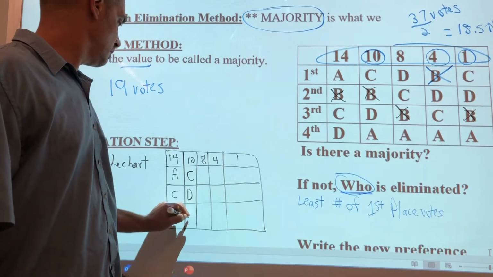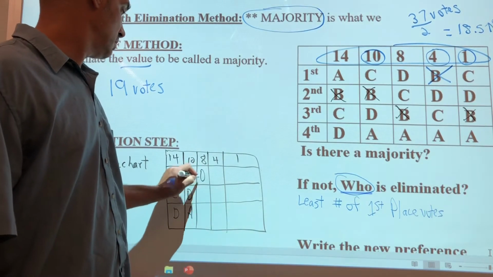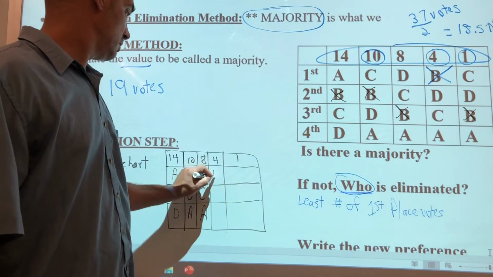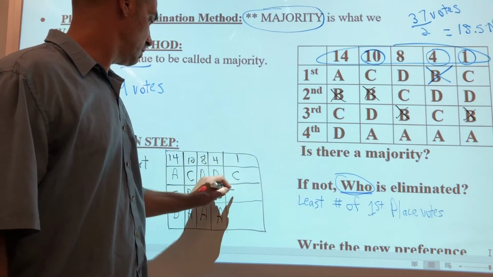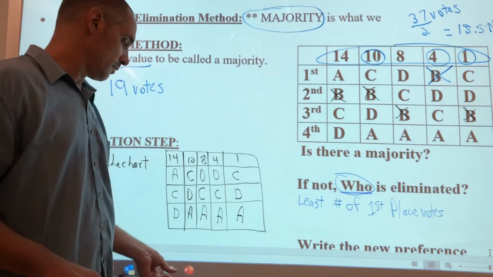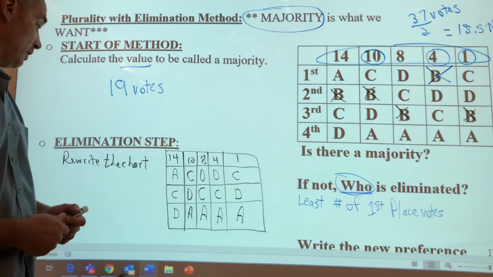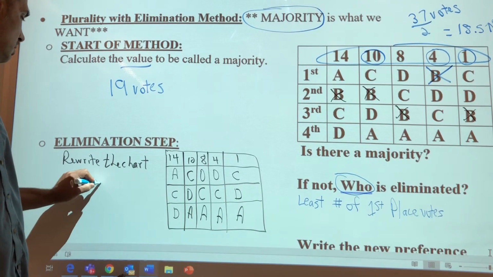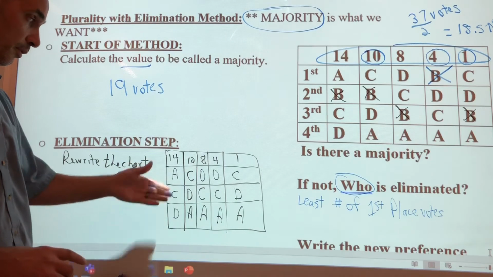C, D, A, D, C, A, D, C, A, C, D, A. All right, so I have eliminated B. You write the chart, eliminate B. Alright, so I've rewritten the chart without B in it.